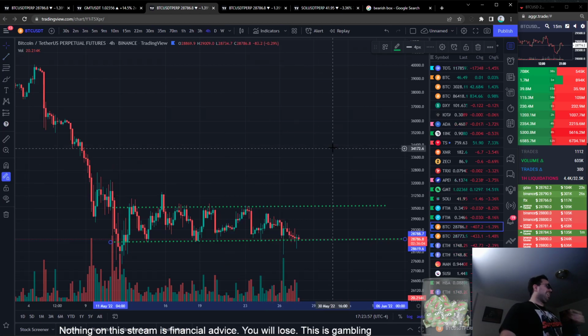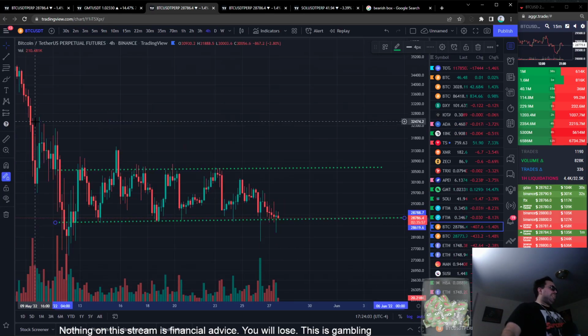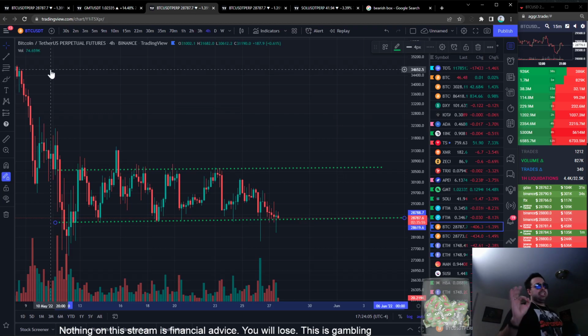But you can really start developing ideas and seeing, okay, if it breaks, if it doesn't break, right? And these areas in the market are always the toughest to play, because it's a consolidation range, aka a crab range. So there's 3 types of markets, never forget. There is a bull market, there is a bear market, and there's a crab market. Obviously, in the greatest scheme of things, we're in a bear market right now. But when you go to the 4 hour, you have to put yourself into the 4 hour mindset.